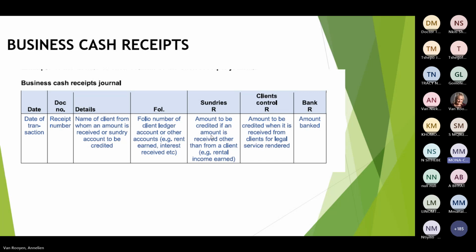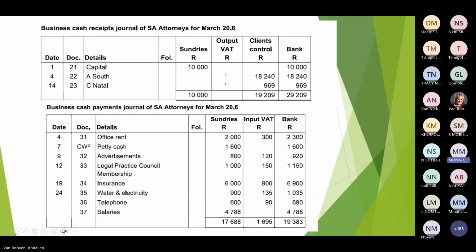Okay, if you can just go to the slide where you showed the cash payments journal. So for number one, 4 and 14, because that's your normal business, that's why it's not in the sundries account. Yes. And then everything else in the cash payments journal is in the sundries account. Yes, because these are separate items.